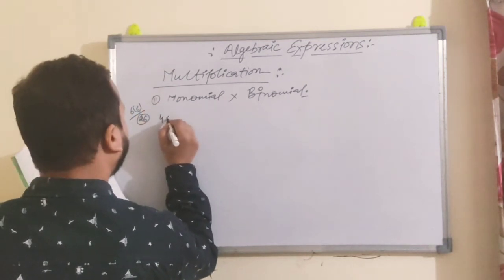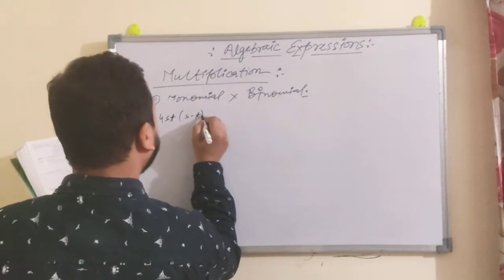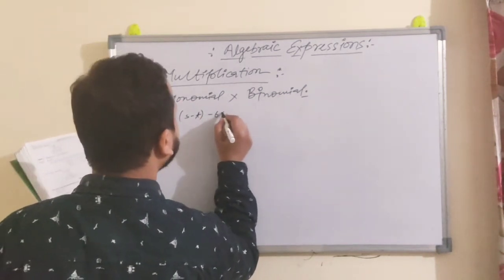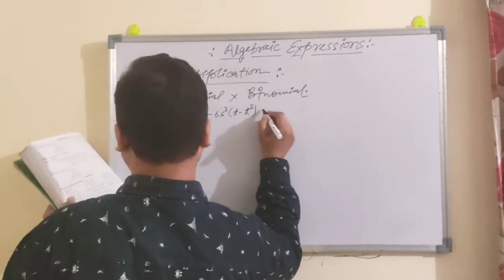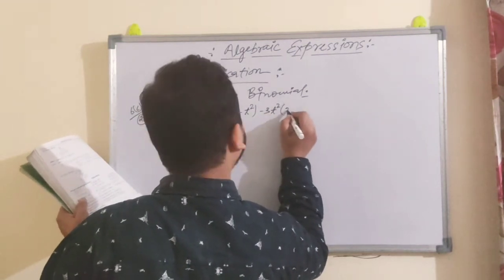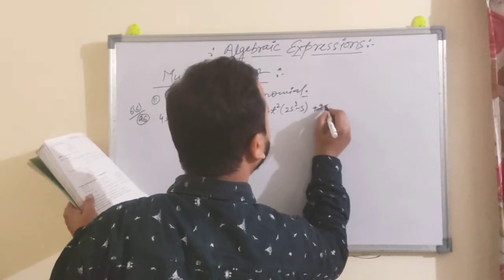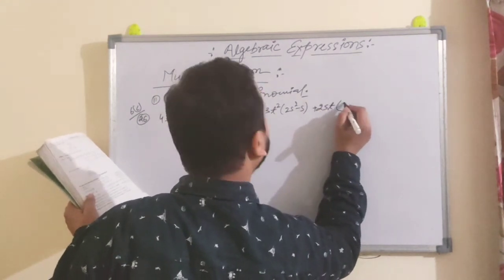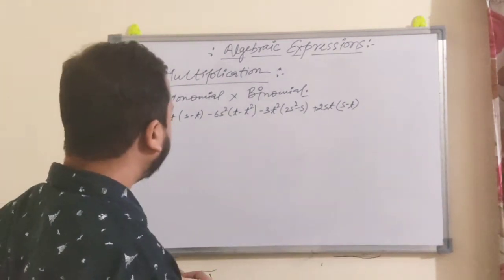The question is 4st in a bracket s minus t, minus 6s square t minus t square, minus 3t square 2s square minus s, plus 2st s minus t. Here this is the question.